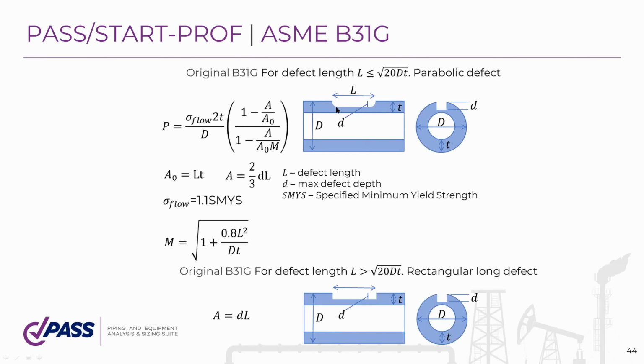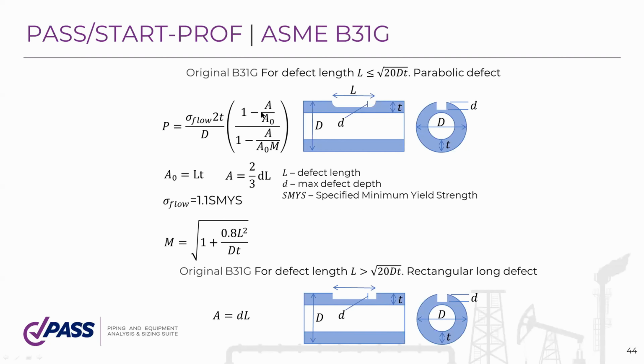If we have a defect and we know the defect length and maximum depth, we can calculate the allowable pressure according to this equation, where A0 is the area of the wall thickness that holds the pressure, and A is the area of the defect that is removed from our pipe.